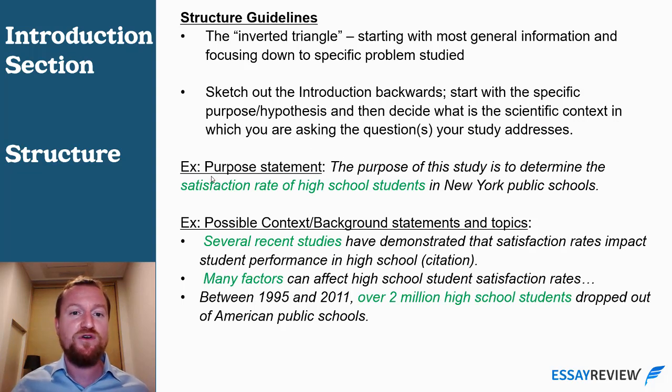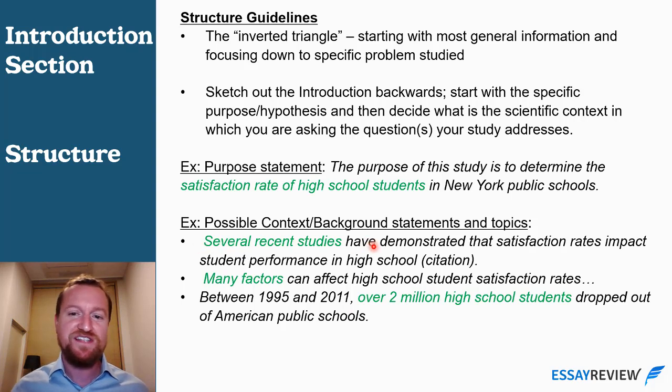So for example, if your purpose statement is, the purpose of this study is to determine the satisfaction rate of high school students, the context or background that you might want to include are recent studies and the factors that created this situation. And these are just some examples of the sentences that might be included.